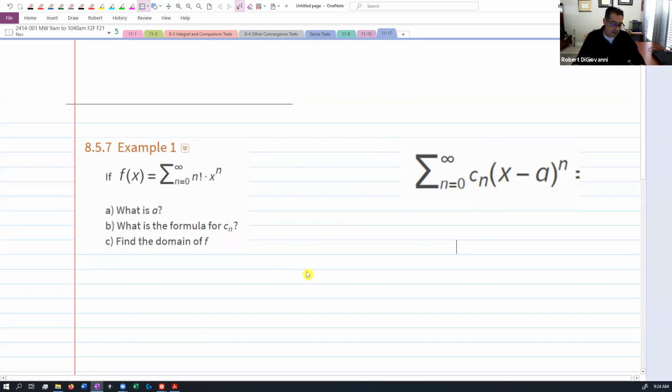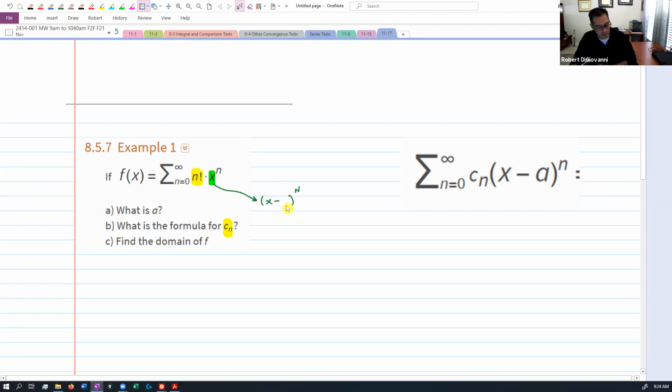So maybe it'll help if we identify the c sub n. c sub n is the part that creates the coefficients. Do y'all see that the n factorials are c sub n? And then we have x minus a number to the nth power. This is x minus a, this is x minus something to the n power.